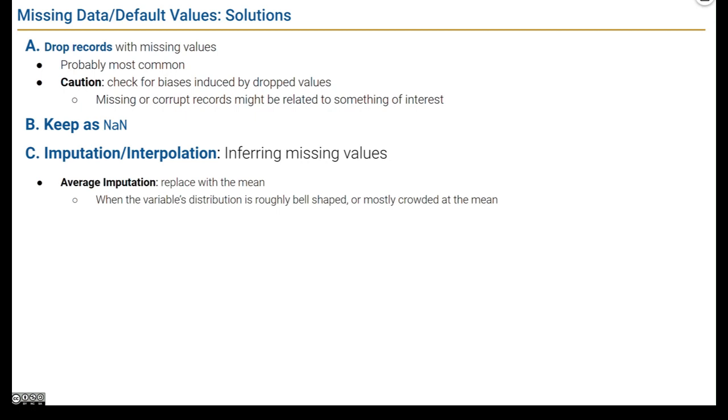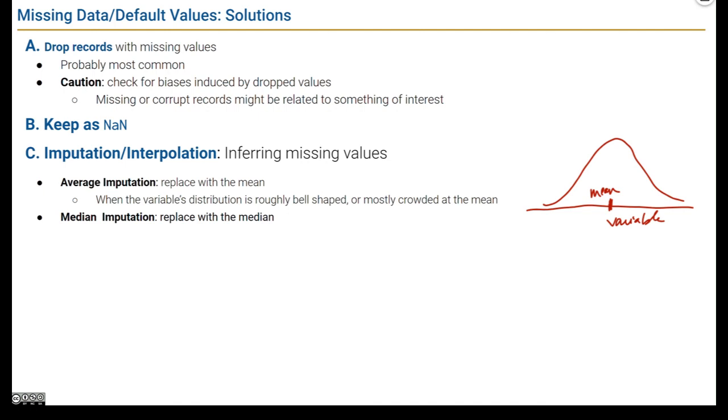That's usually okay when your distribution, and we're going to talk more about distributions in general, looks like this: most of the variable occurs right around the center point, and the mean will also be right here. So that will be a reasonable guess for any missing values, and it also won't alter your statistics for that variable as much. It'll leave your mean the same.